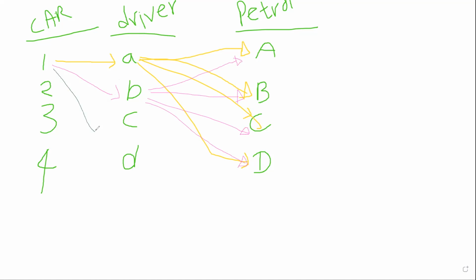Then I can use the first car with driver C and with all these fuel types. The first car with driver D and again with these 4 fuel types.